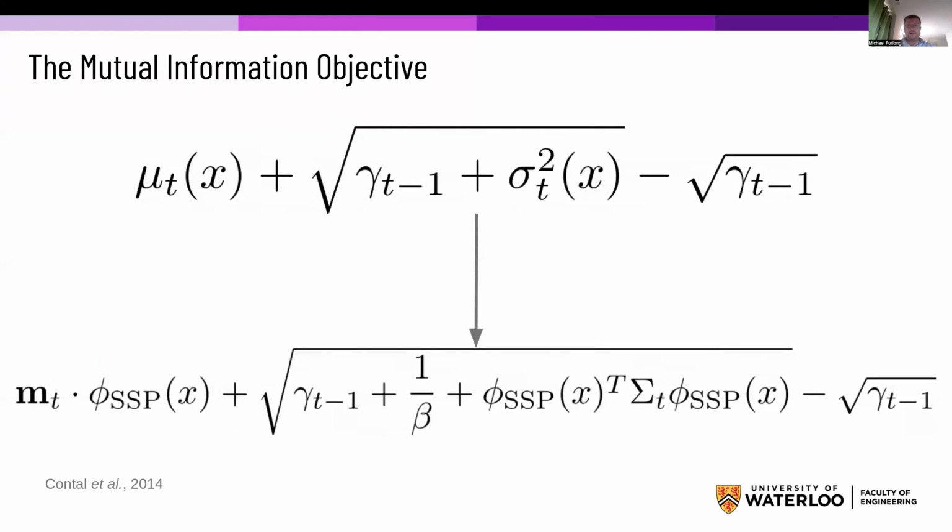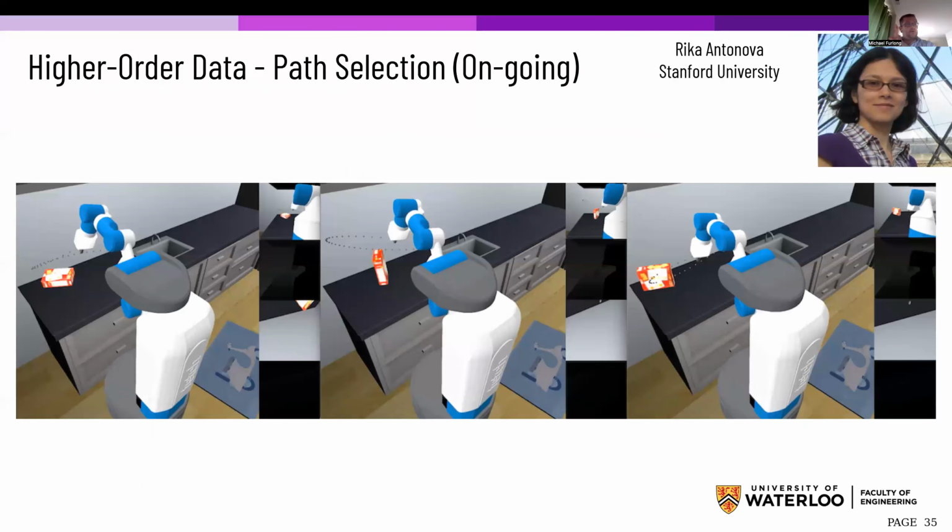But more importantly, we're just dealing with vectors represented by vector symbolic architecture, and they can represent complex structures. We've talked about sentences, and so one of the things we wanted to look at is, what if instead of figuring out the next sample point, and the next, could we select entire trajectories instantaneously? This is ongoing work, being done with Rikan Tanova, who's a postdoctoral fellow at Stanford University.